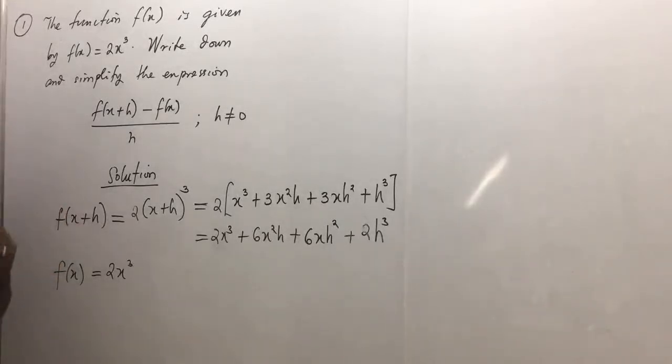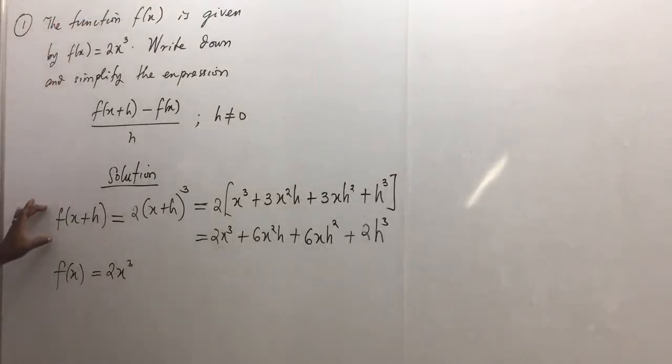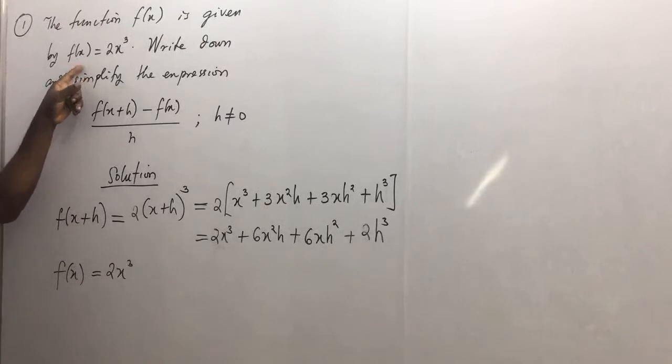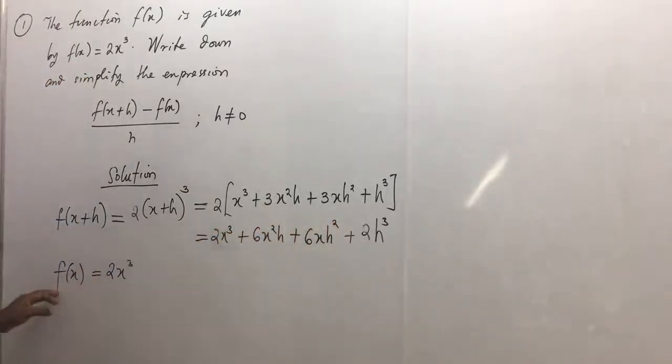Again, just in case you are joining us, take note, what we have just done is to start with obtaining an expression for f of x plus h using the pattern of the function given to us, and we've simplified that expression to get this. Now, the next thing is to recall that f of x, we were told, is 2x cubed.